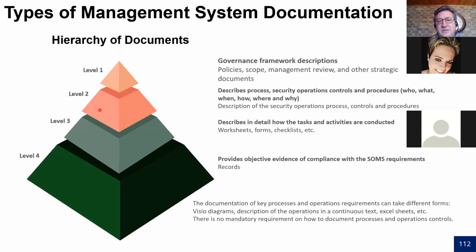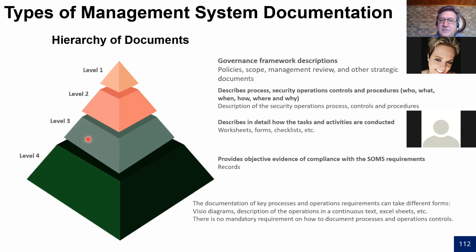Level 2 documents describe the operational controls and procedures, and this speaks about the who, the what, the when, the how, the where, and the why. Why are you having that document? Because the level 2 document is actually a culmination of a level 1 document. There must be a mandate for you to actually go and develop a level 2 document.